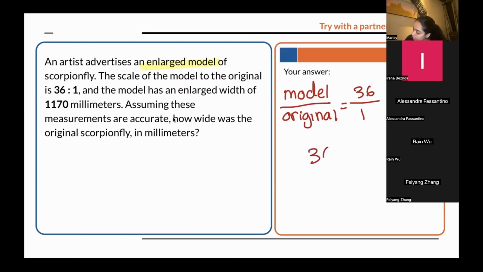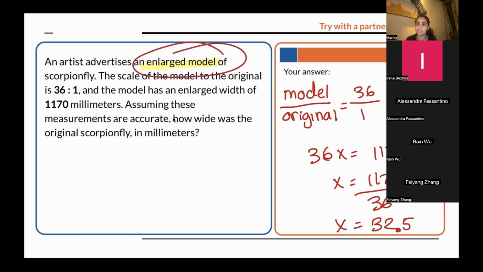So we get 36X equals 1170, and I think this is 35 or 32.5. 32.5. So it's really important to read the full question, because sometimes we're used to looking for the larger number.